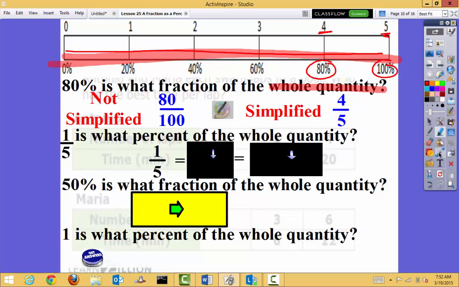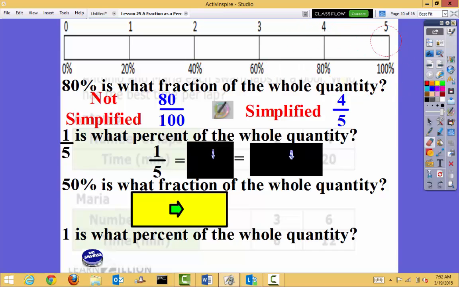Alright, so let's use the same diagram up at the top to now solve our next question. 1/5 is what percent of the whole quantity? Well, now it's asking me for this part, a percent. So I need to get that denominator to 100. So what can I do? Well, I can multiply by 20.